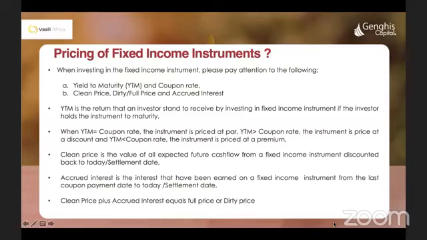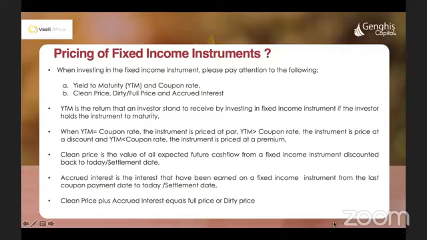The second scenario is a situation where my yield to maturity is higher than my coupon rate. A very good example, I have a 5-year bond. My bid was at 12%, and this bond is paying interest at 10%, which means if I hold to maturity, I will get a return of 12%. Part of this return of 12%, it means I'll be getting 10% from interest income, periodic coupon payment.